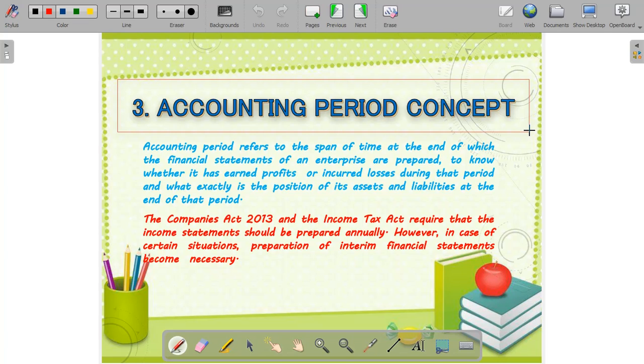It means that the true result of the business operations can be ascertained only when the business is completely wound up, right? So, the Companies Act and the Income Tax Act require that income statements should be prepared annually. Basically, the accounting year we consider is from 1st April to 31st March. So, the accounting statements or financial statements should be prepared for that period, which is annually.